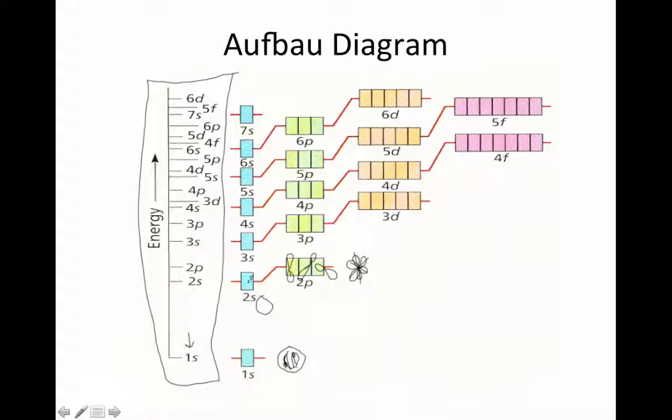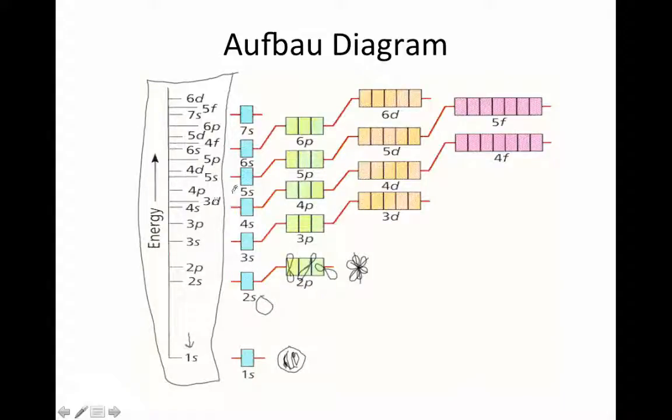And then as you go up the hotel floors, eventually we get into floors that have more than 3 rooms, and those are your D floors. So this 3D floor is representing electrons that can be found in the 3rd energy level.